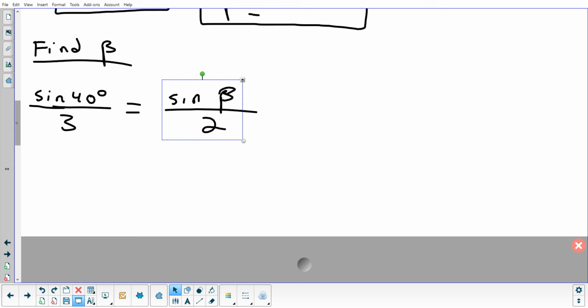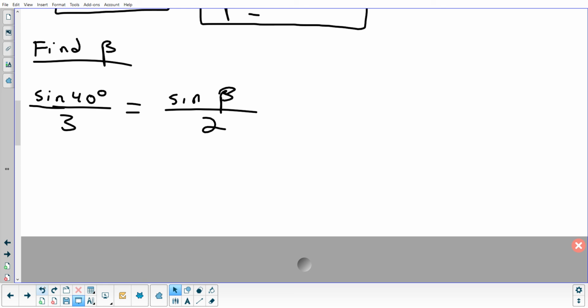Jack, how could I do that? Multiply by sine 40. If you multiply by sine 40, that would just give you sine 40 squared there, and then you have sine 40 here like that. So that, multiplying by sine 40, that would end up making it a little more complicated. Anyone have another guess how we can get sine beta by itself?